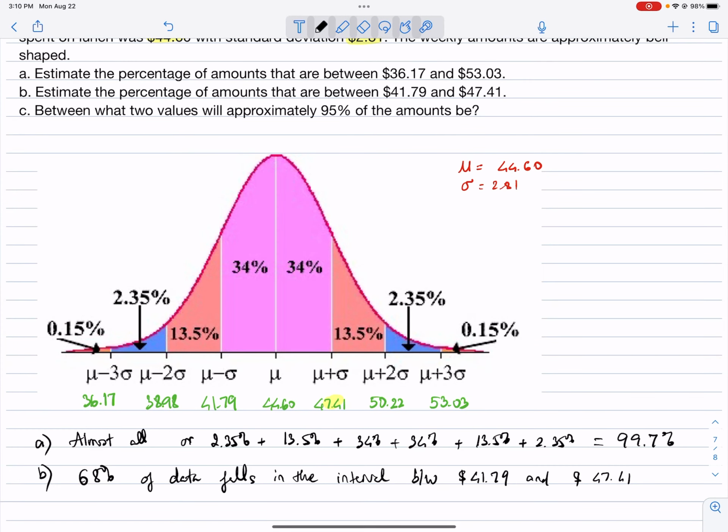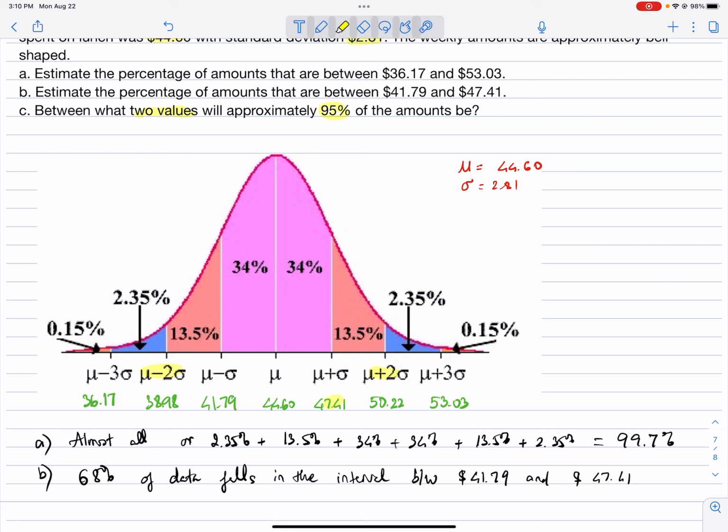So problem C is different from A and B. Problem C asks for two values and gives us the percentage, while problems A and B ask for the percentage and give us the two values. It's kind of opposite, right? So 95% is between mu minus 2 sigma and mu plus 2 sigma.